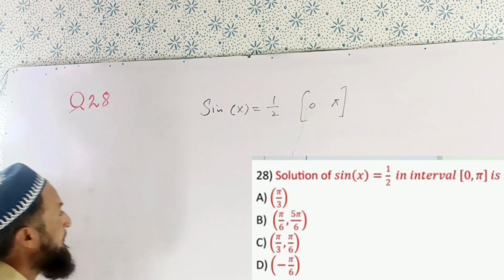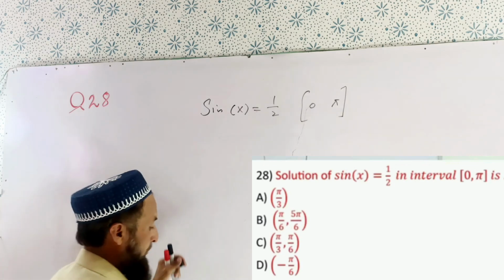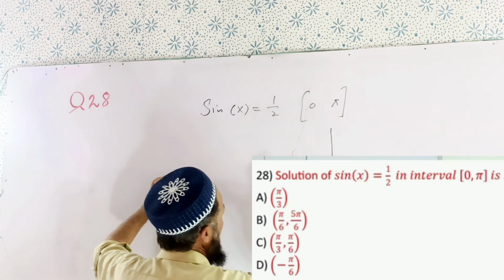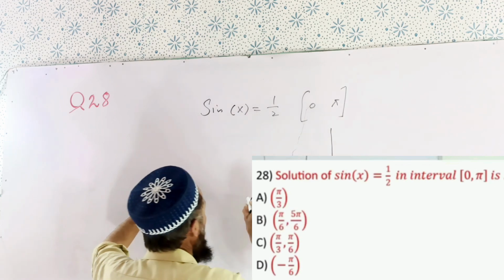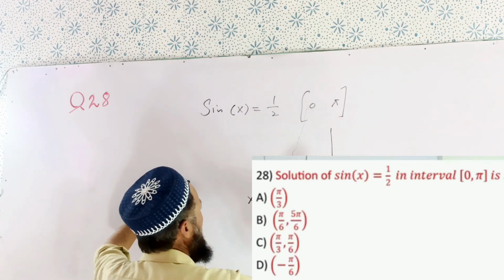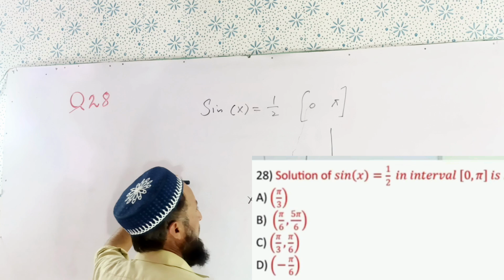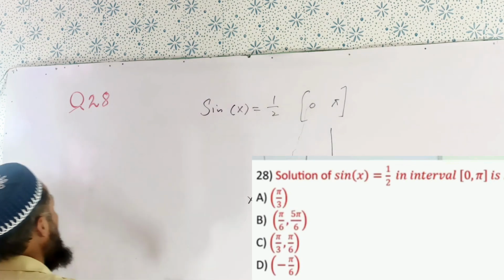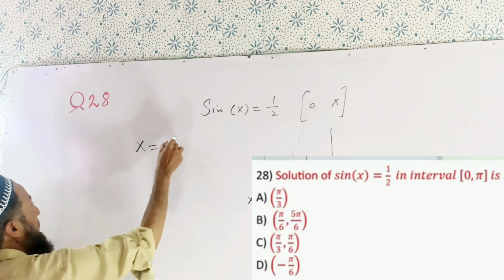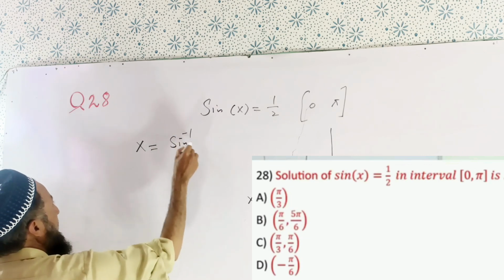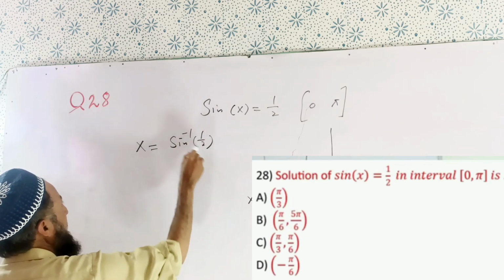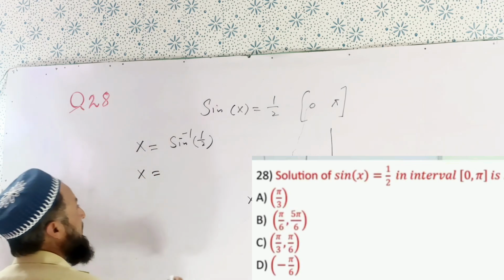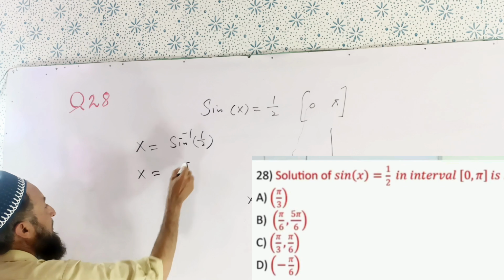It means the values of the intervals start from this point, 0 and pi, 180 degrees. Now if we are finding x, we can write sine inverse 1 by 2. So x is equal to sine inverse 1 by 2, which is pi by 6.